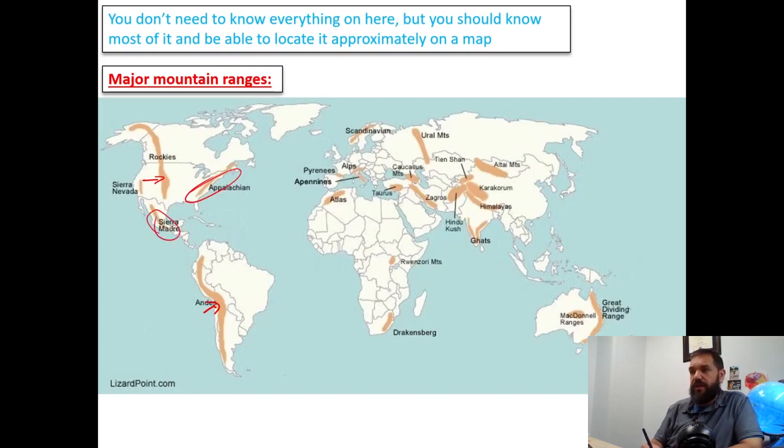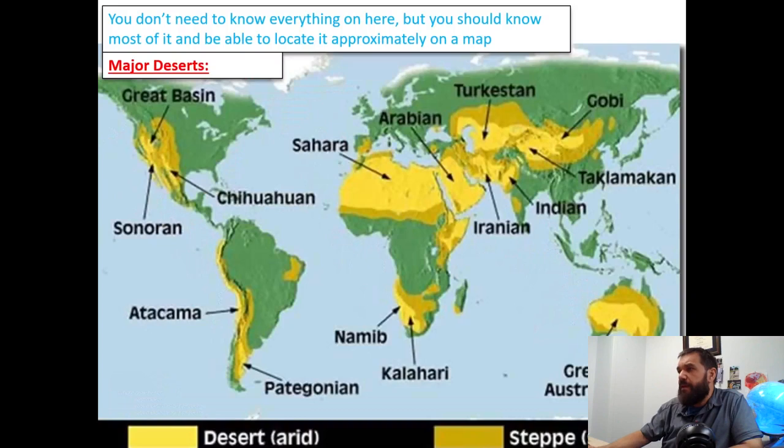The Sierra Madres in Mexico. Okay, what are some other big ones? The Himalayas, right here in kind of northern India and China. And let's see, other ones I might talk about here: the Alps in Italy and Switzerland.